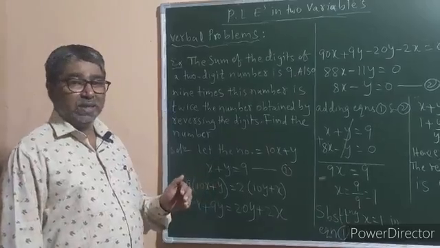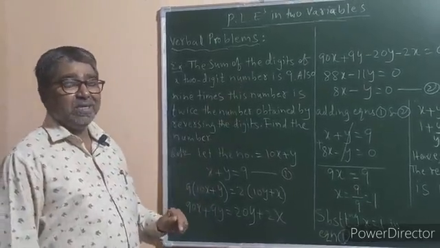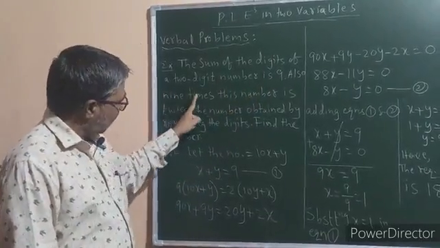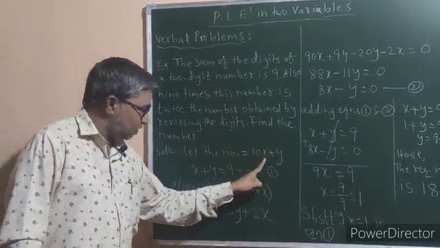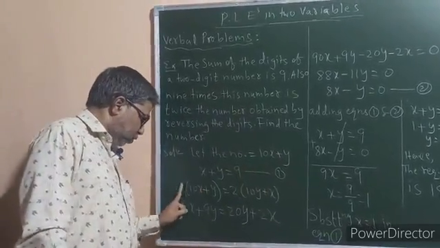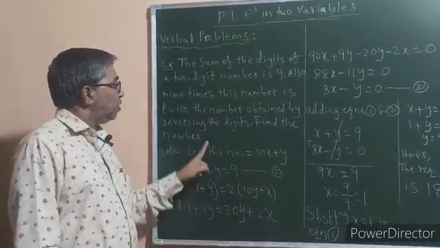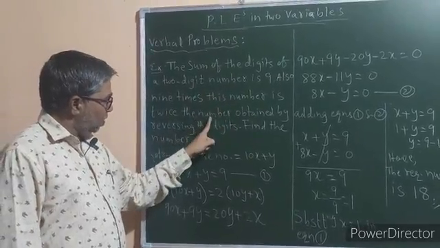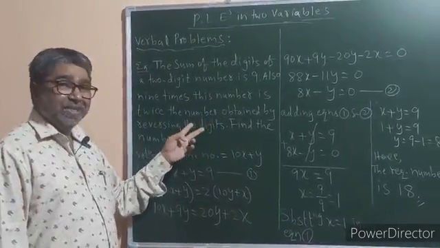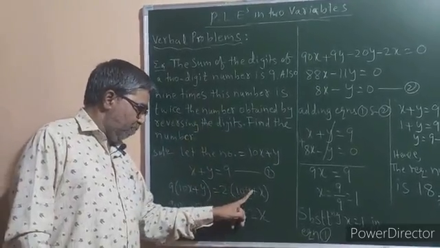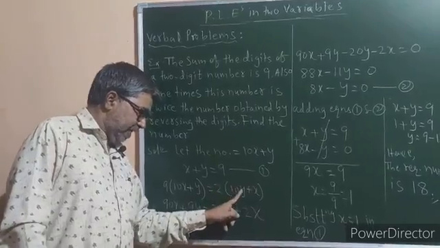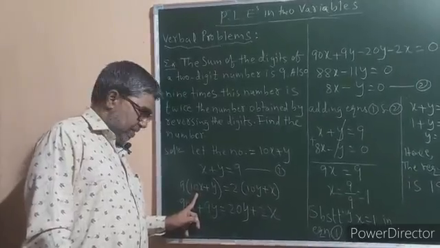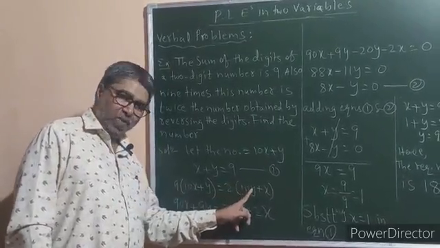Now to get the equation number 2, we have to consider the second condition, that is, 9 times this number, means 9 into bracket 10x plus y, is equal to twice the number which is obtained by reversing the order, means 10y plus x. 2 into bracket 10y plus x. 9 into bracket 10x plus y is equal to 2 into bracket 10y plus x.